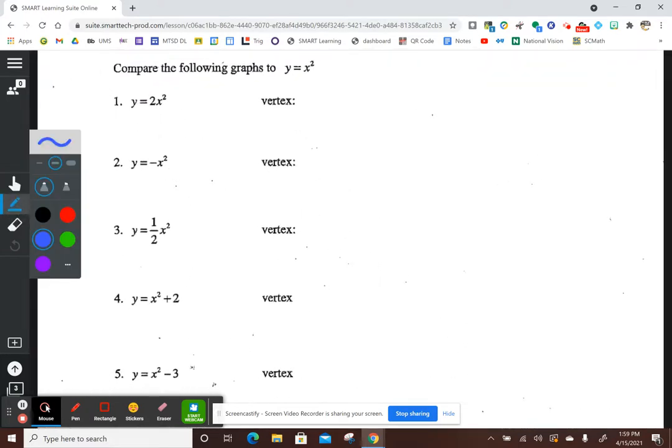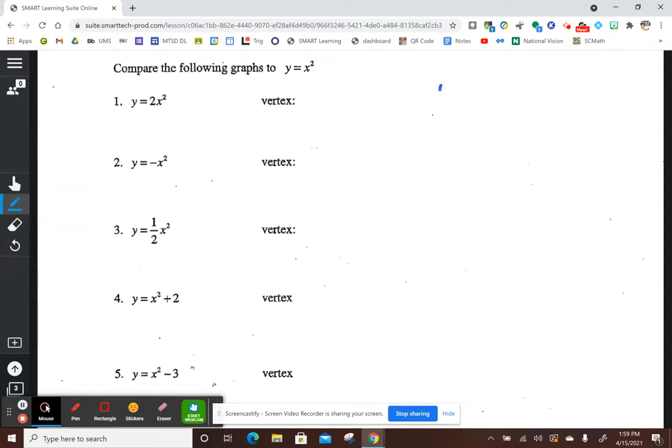Let's see. Okay, so this now says what we're going to do now is we are going to compare our graphs to the parent function. So we already did number 1, and I should have pointed it out, and I didn't. But when we graphed y equals 2x squared, it kind of looked like this. It was very narrow.